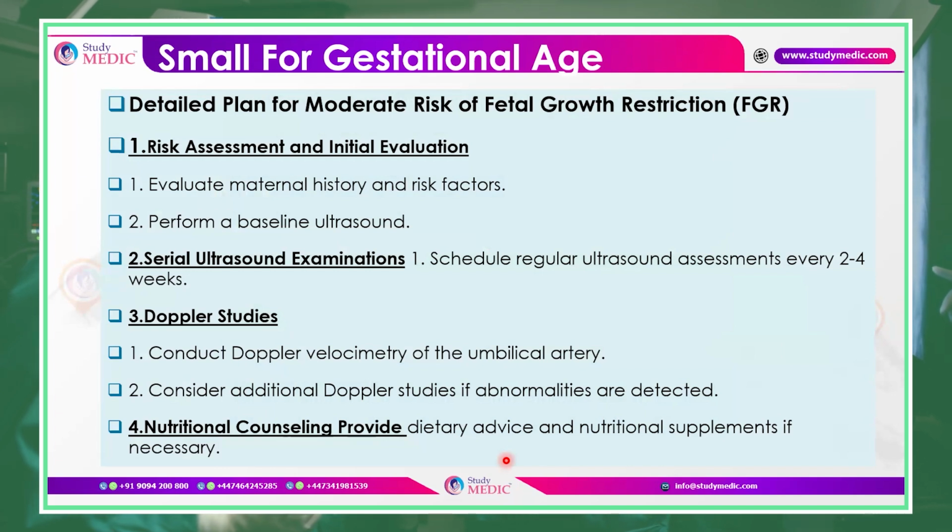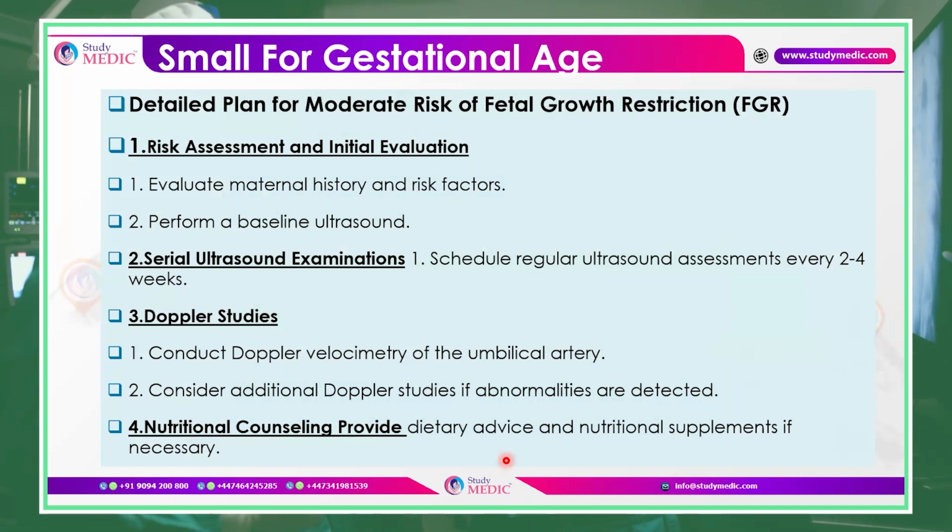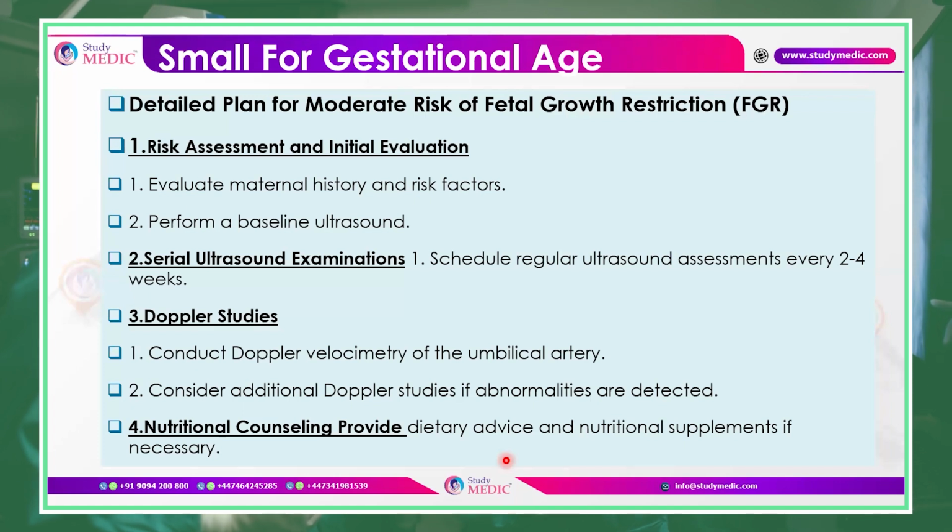Now there comes the care plan for fetal growth retardation in those patients who are at moderate risk. So risk assessment and initial evaluation should be carried out through maternal history and baseline scan. Serial growth ultrasound examination can be carried out every 2 to 4 weeks. Doppler studies can be conducted.